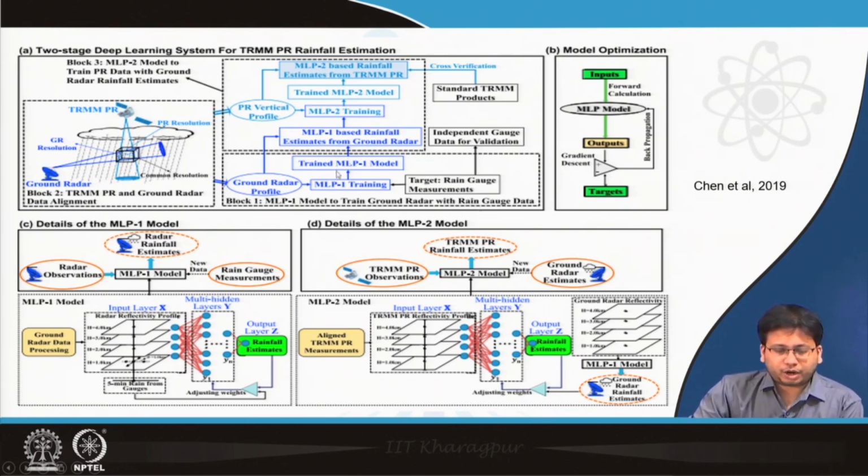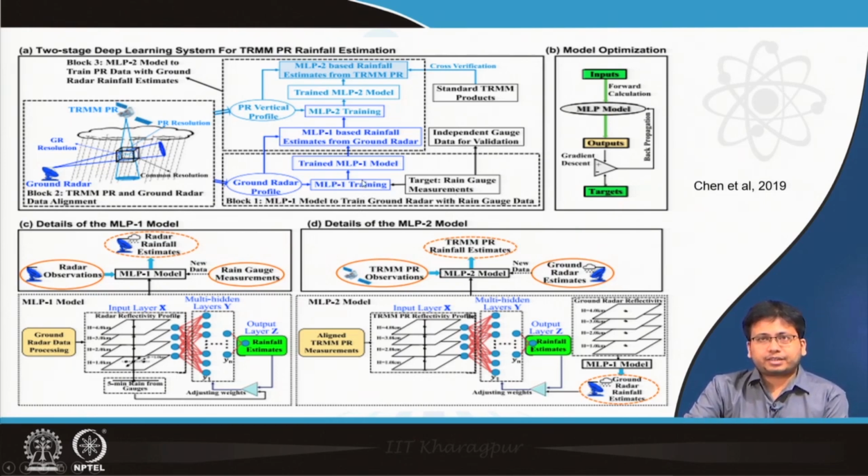So MLP1 is used to calibrate the ground radar observations with the actual rain gauge measurements. It represents the mathematical relation between the imagery captured by a ground radar and the actual quantity of rainfall. Once that is done, the next step is to calibrate the spaceborne radar.